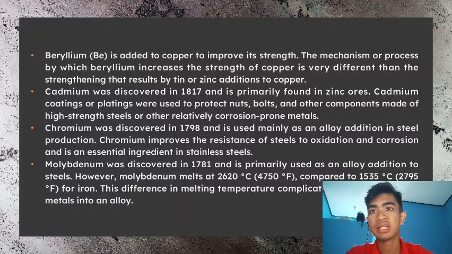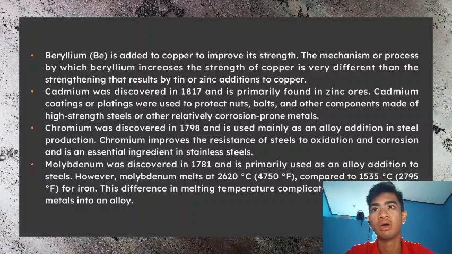These very high strength copper alloys are used for the production of springs in the electrical industry and to make non-sparking tools for use in potentially explosive atmospheres. Next, cadmium was discovered in 1817 and is primarily found in zinc ore.